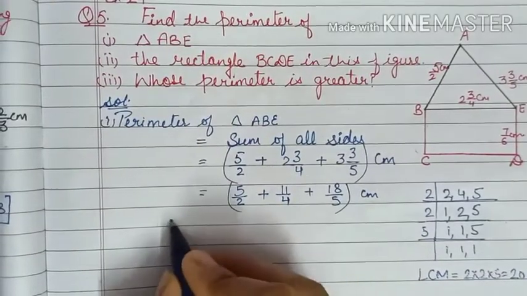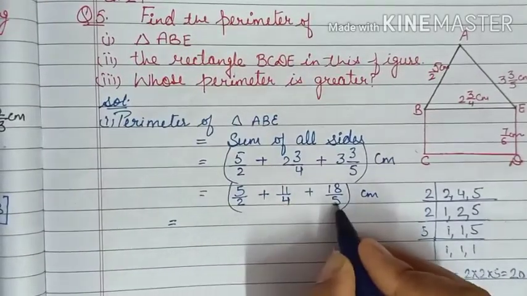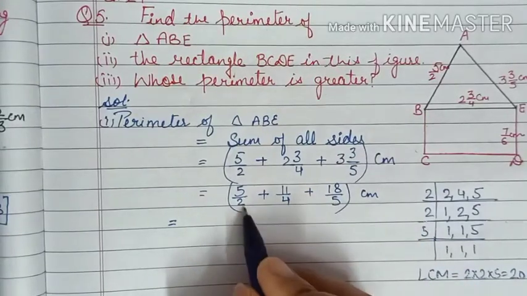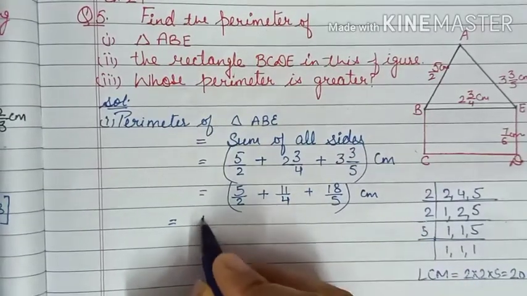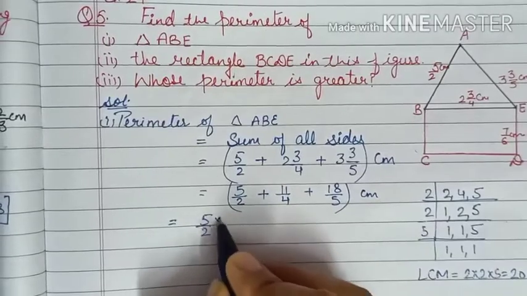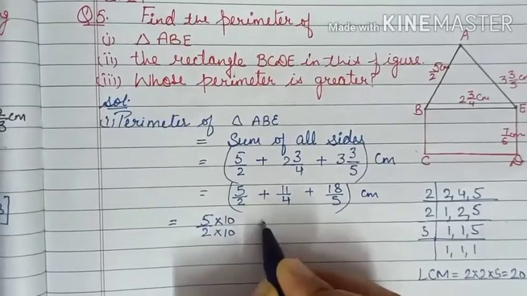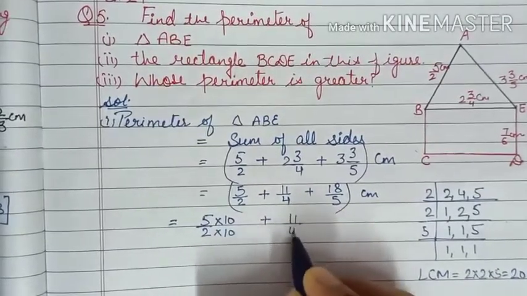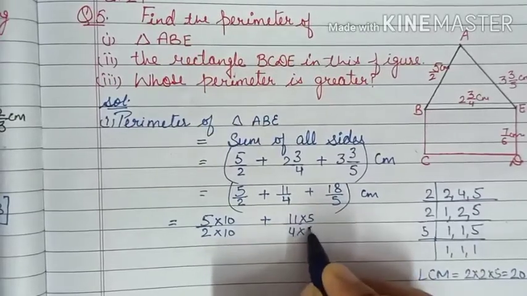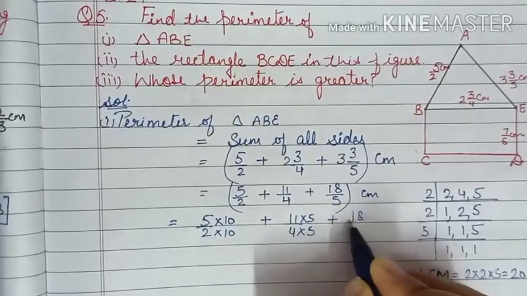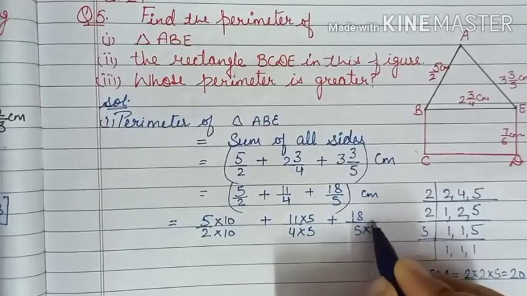Now we will make all these fractions equivalent to fractions with the denominator 20. For that we will multiply 5 by 2 with 10, 11 by 4 with 5, 18 by 5 with 4.